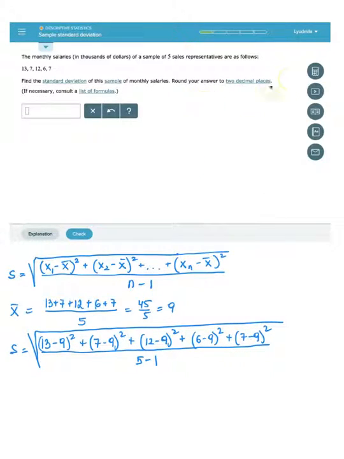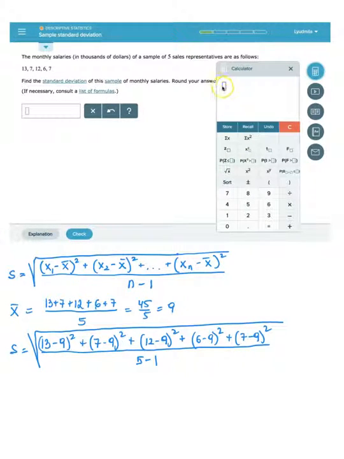minus 1. So to do the computations using a calculator, you can enter this formula. I show here again how to compute the mean by adding all 5 elements first and dividing that sum by the sample size of 5. We get a sample mean of 9, and after that we're ready to compute this quantity using the calculator.